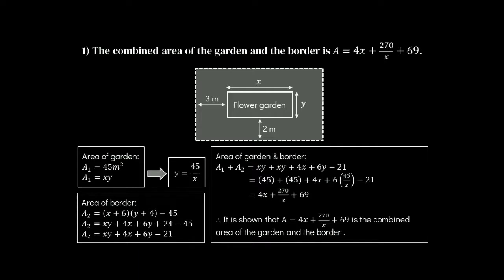And also we replace y with 45 over x because from xy equal to 45, we get y equal to 45 over x. Calculate it and we get the answer, which is 4x plus 270 over x plus 69. So, it is shown that A equal to 4x plus 270 over x plus 69 is the combined area of garden and the border.